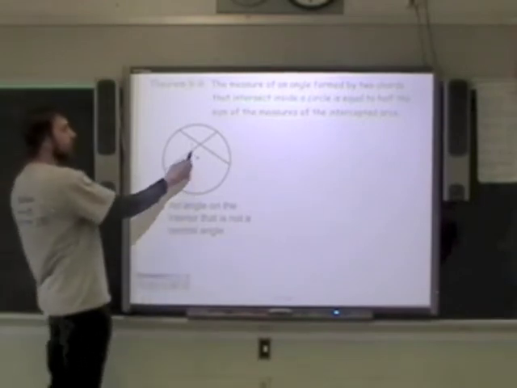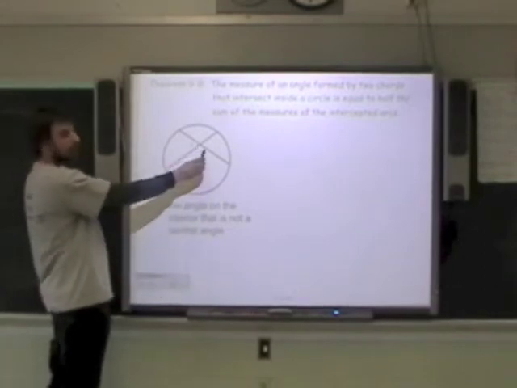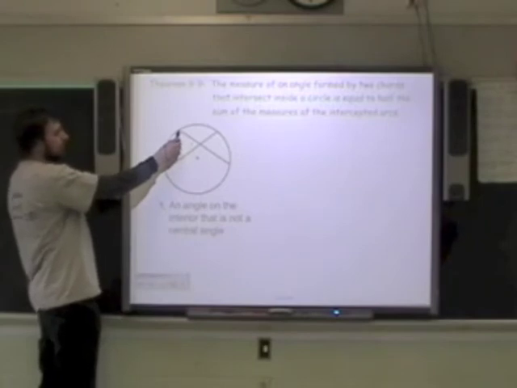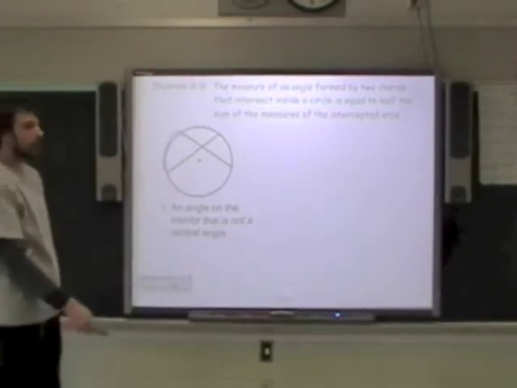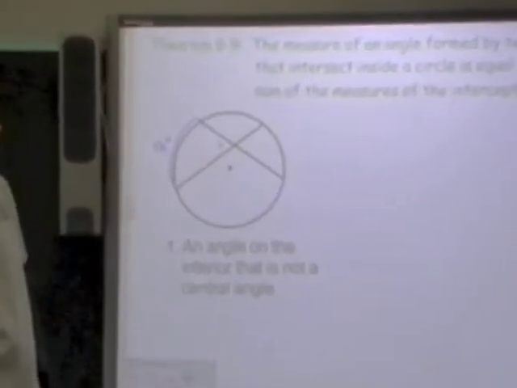The first, we need to find the intersected arc that this interior angle opens up to. So we see the two sides of the angle open up to this piece of an arc, which I will just say is A degrees for right now.